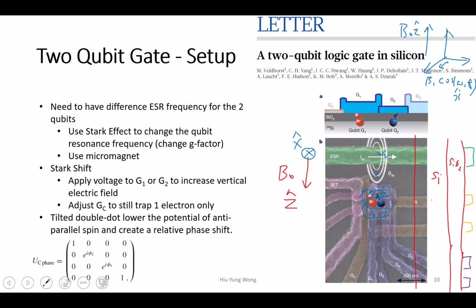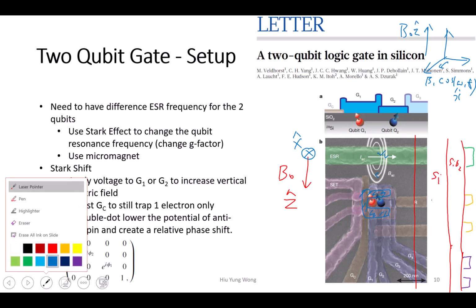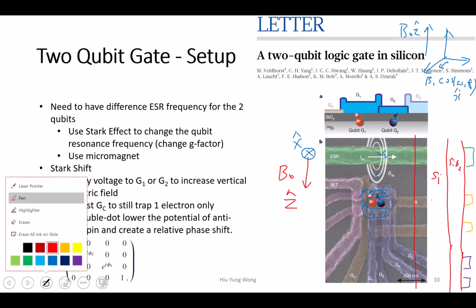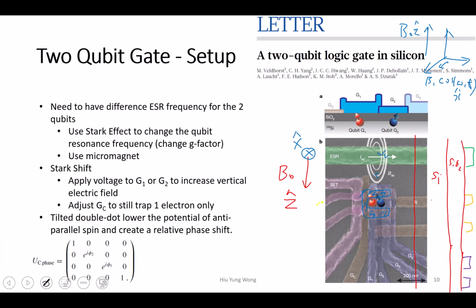Now let's look at the two qubit. On top, it shows another cross section, but this cross section is along here. Let me use yellow. This is the cross section. I call it A dash. So this is A dash.